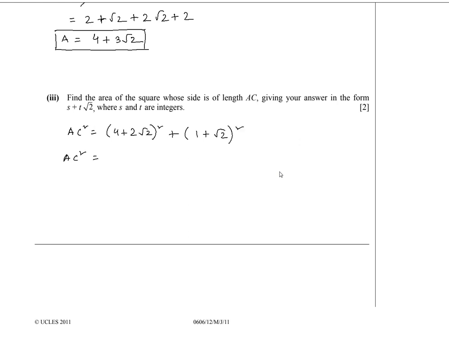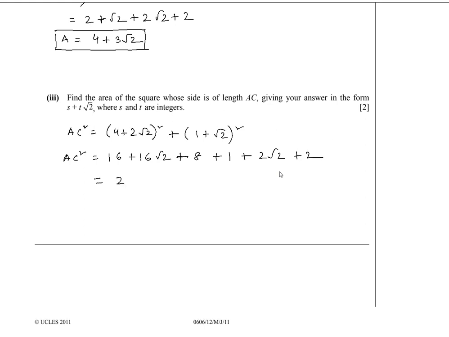So now let's expand these squares. From the first expansion we get 16 plus 16 root 2 plus 8. From the next expansion we get 1 plus 2 root 2 plus 2.